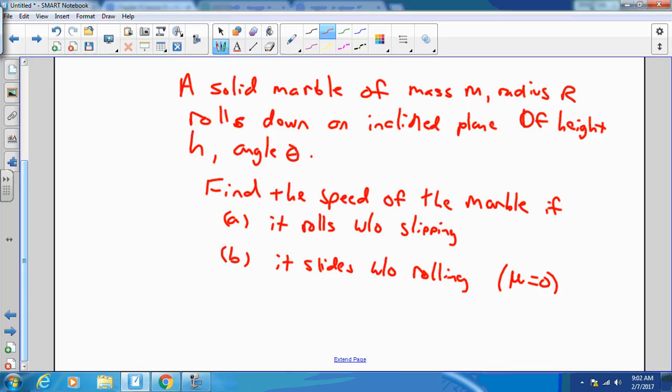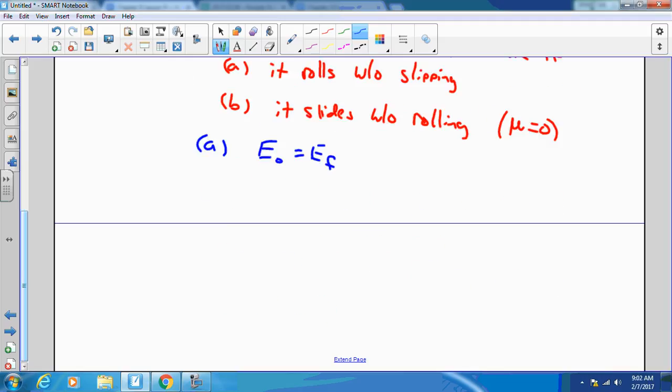In the initial state, the energy is purely potential. And we are justified in saying that the object is going to conserve energy because it is going to experience no non-conservative forces acting on it.